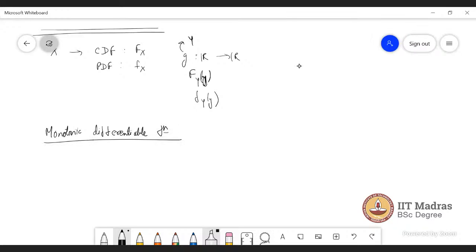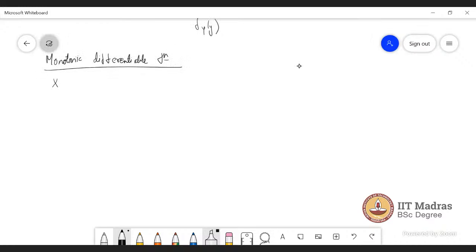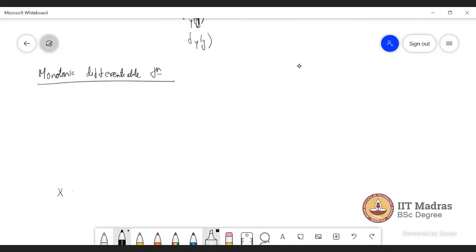It says if x is a continuous random variable, and its PDF is, let's say, fx, and you have some function of x, g(x), which is monotonic in the support of x.